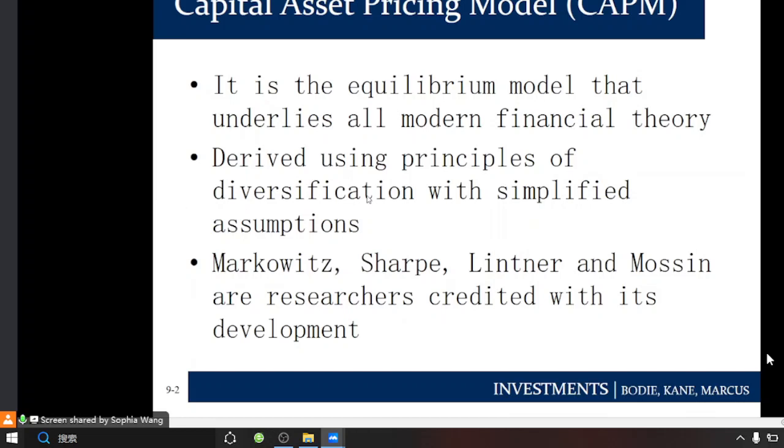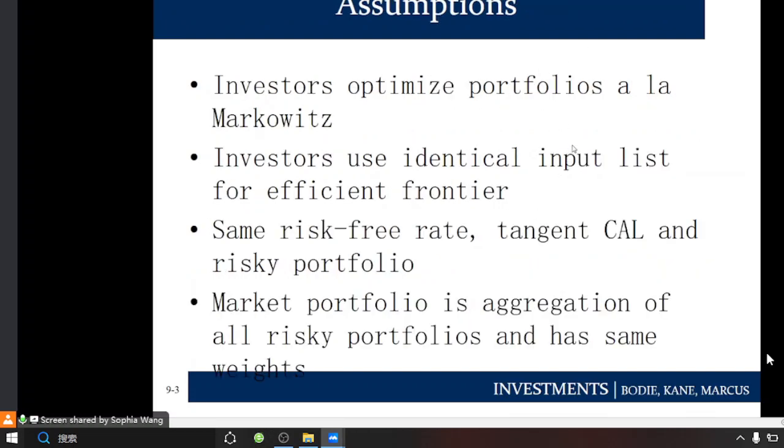So it is an equilibrium model that underlies our modern financial theory. And Mark Sharpe, these kinds of researchers, are credited with its development, and they won the Nobel Prize. And just now I said that it has some hypotheses or assumptions.